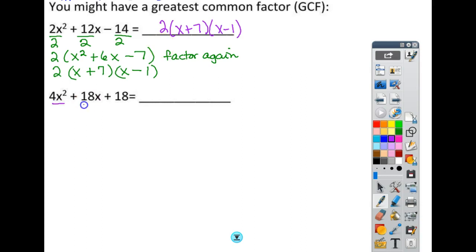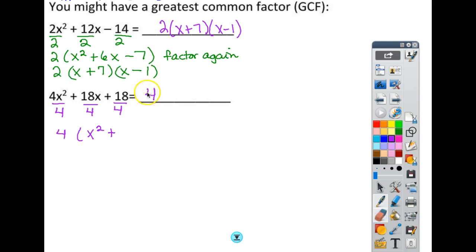So what will these both divide by? A 4. Will they all divide by an x? No, they don't have an x, do they? So don't forget your GCF. I like to just go ahead and write it so I don't forget it. So we get x squared plus what? Oh, they don't all divide by 4, do they?